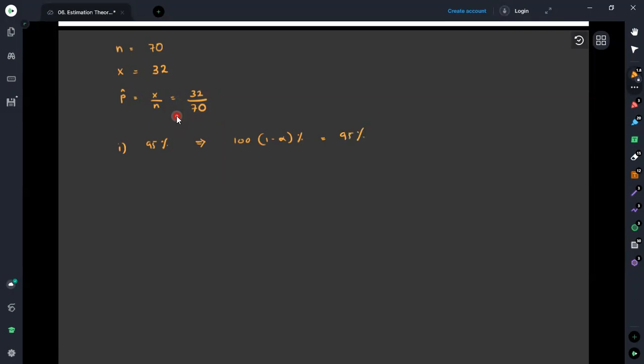Then we can take 1 minus alpha, if you divide both sides by 100, as 0.95, where alpha equals 0.05, which gives the value of alpha over 2 as 0.025. Now we are using this value to find out the value of Z alpha over 2.